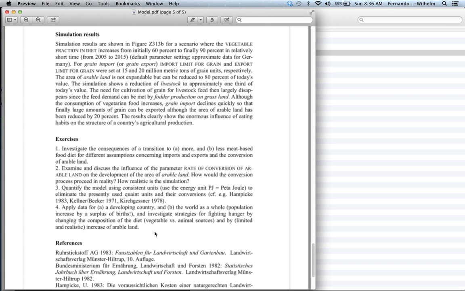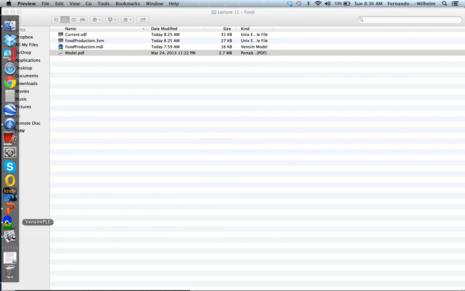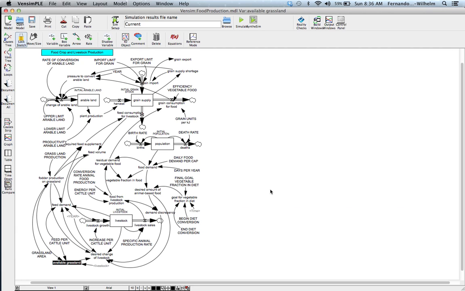I also want to ask you to think about a couple of things regarding this model. For example, there's no economics here. Even though we're looking at variables here, I think the economics of livestock versus grains may cause some of these dynamics to shift, and that's not in this model.